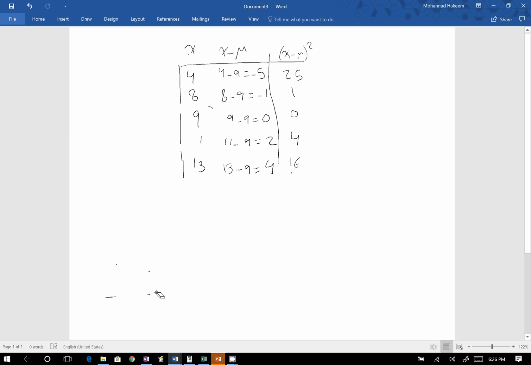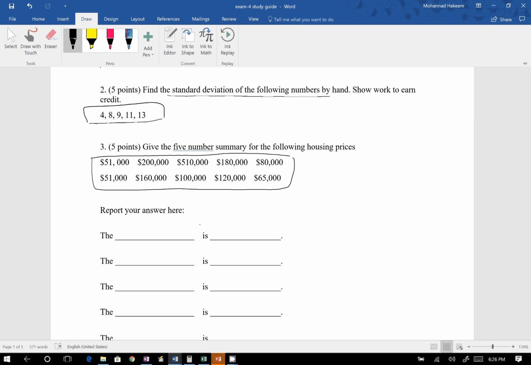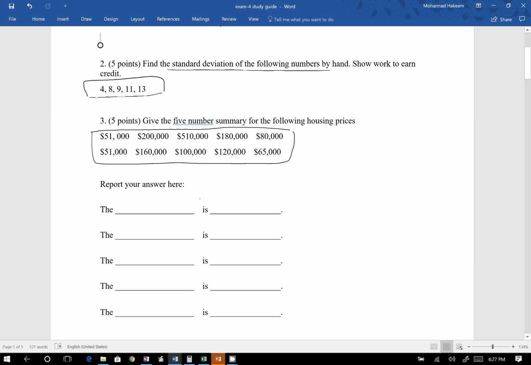So my numbers, I should list them in order. That's the first step in getting this summary.